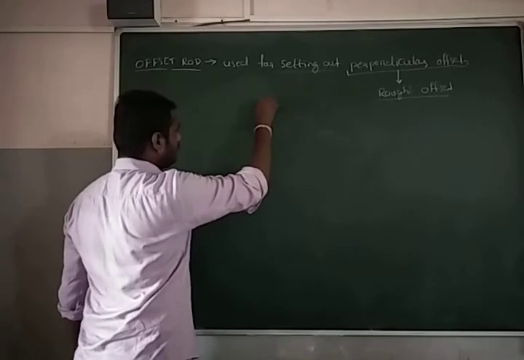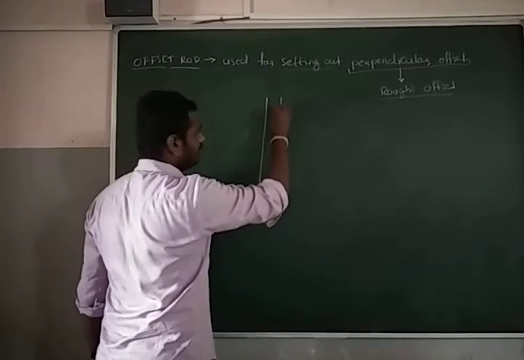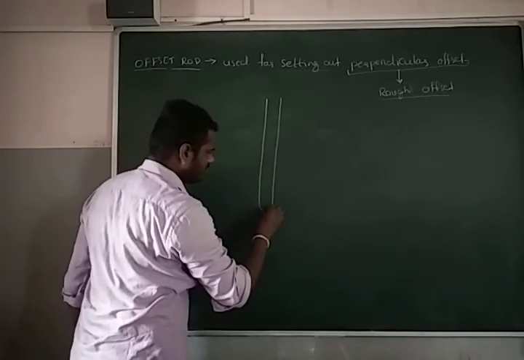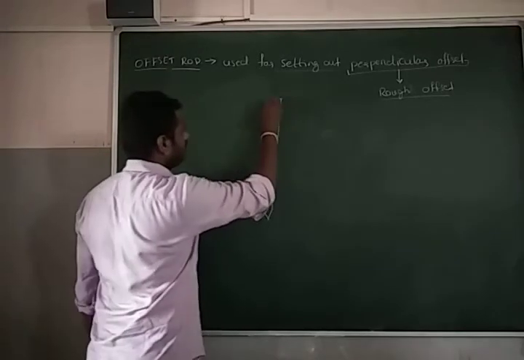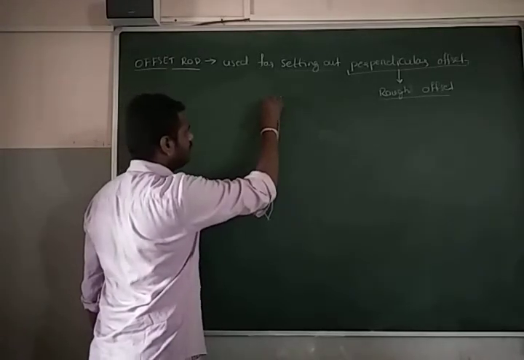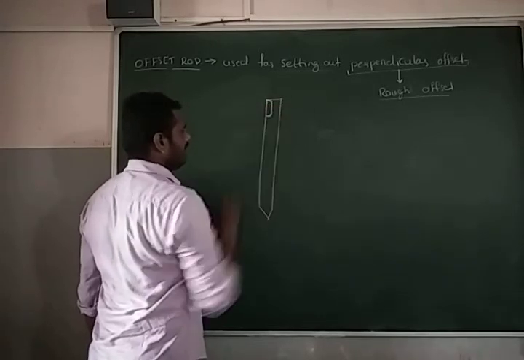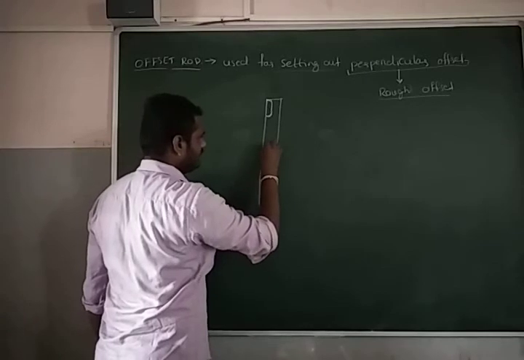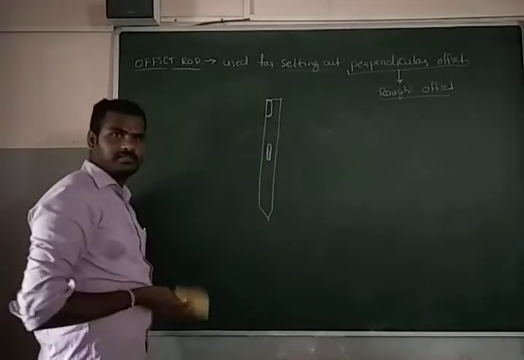Generally, offset rods are of the same shape as ranging rods. But in the case of offset rods, we will have a hook at the top for the purpose of handling. Then we will have one slit at the central height of this rod, which is useful to set out the perpendiculars.